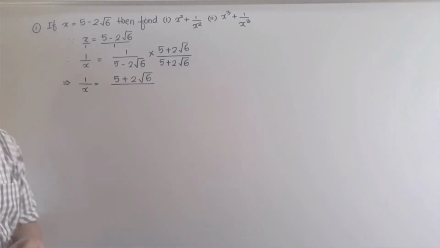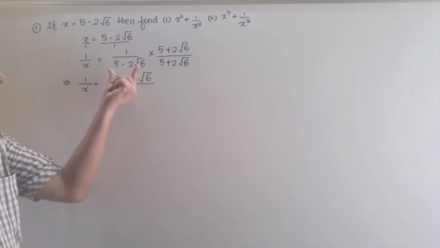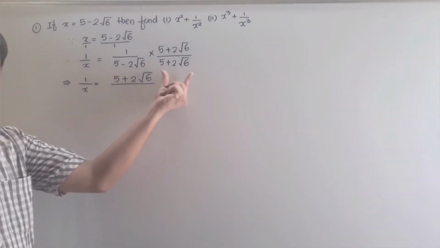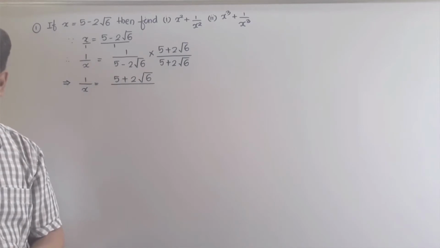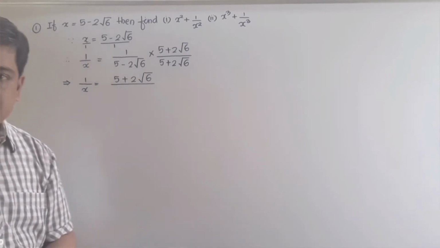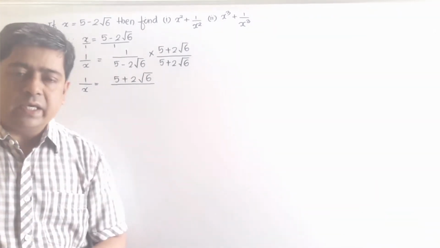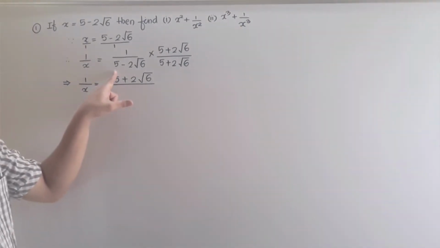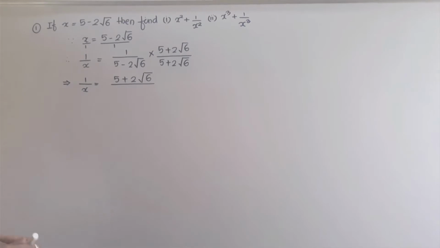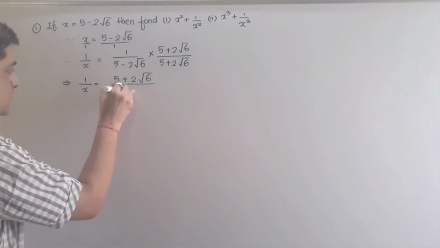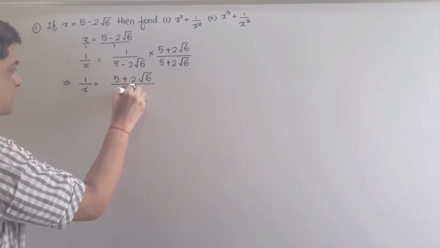Now here I can write the formula a minus b into a plus b. The formula is a square minus b square. Okay, who is my a here? The value of a is 5 and the value of b is 2 under root of 6. So I will write it in the form a square minus b square.